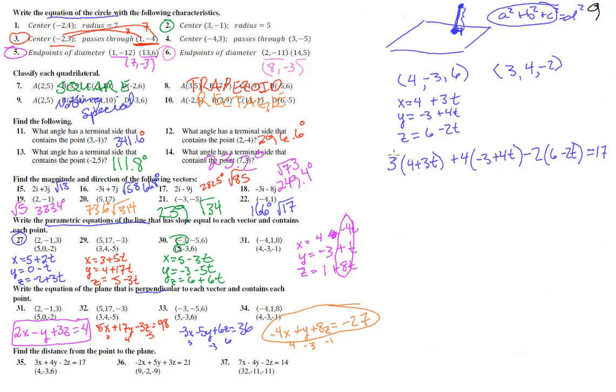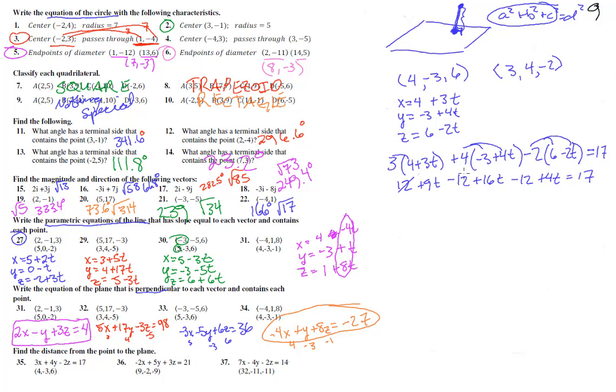All right, let's do it. And we're going to get 12 plus 9t minus 12 plus 16t as we jump the 4 in, and then jump that minus 2 in, and we get negative 12 plus 4t equals 17.